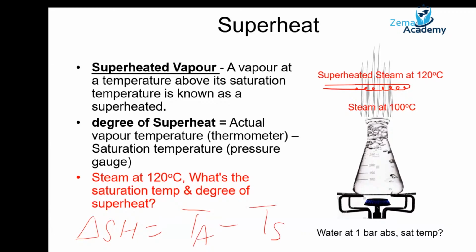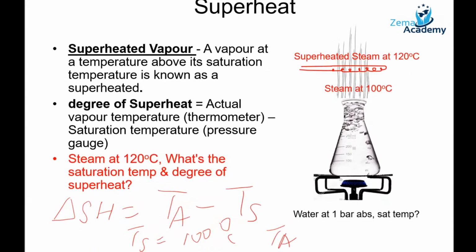One example that I just gave you here is water boiling. Of course, the steam is at 100 degrees C and the superheated steam temperature is 120 degrees C. What is the saturation temperature and what is the degree of superheat? Tactual is 120 degrees C, and therefore degree of superheat is 120 minus 100, which is 20 degrees C.